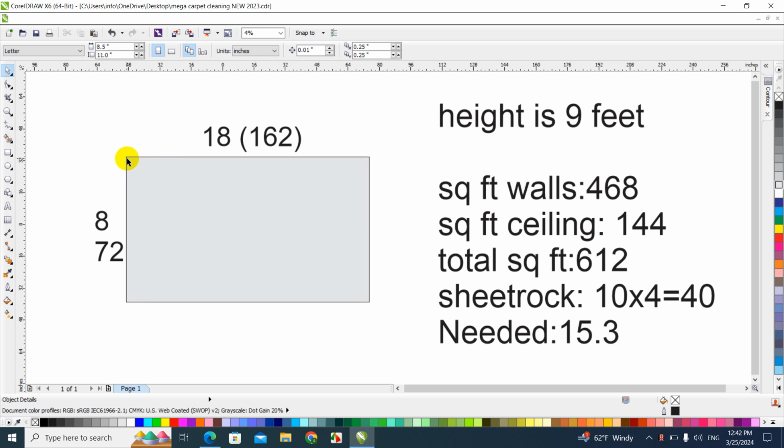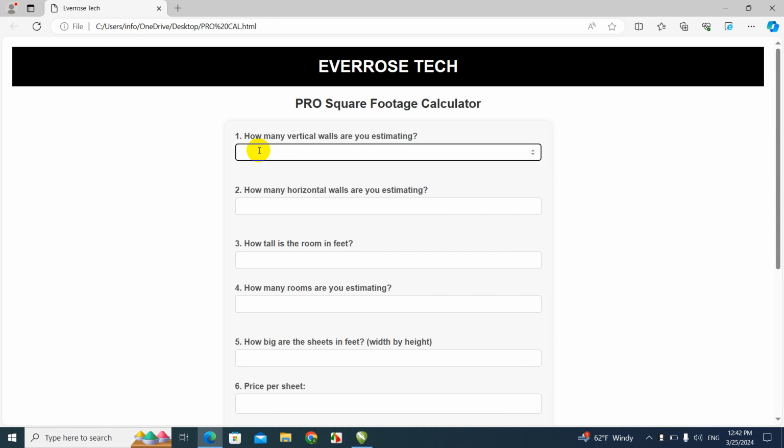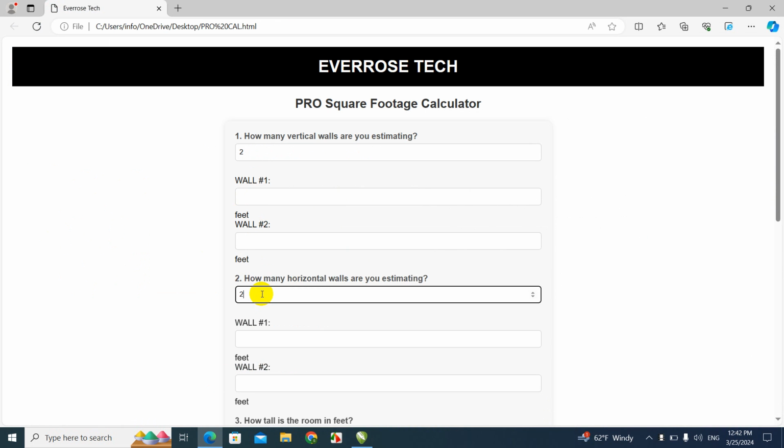Vertical is these walls right here, the ones that look like they're standing. The ones that look like they're laid down are the horizontal. So it's 2 walls, one on this side and one on this side, and they are each 8 feet. So we're gonna type 2 and 2 for horizontal.